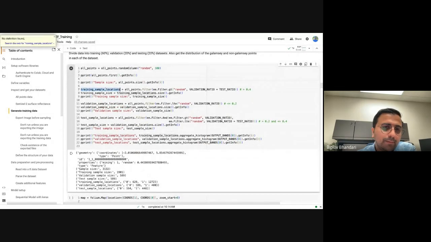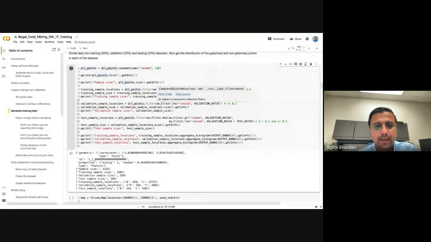And then I'm selecting my training sample by those random column values that are greater than 0.5, so 60% of the data here. The validation data is still used in the training phase, but it's used to adjust the weights.